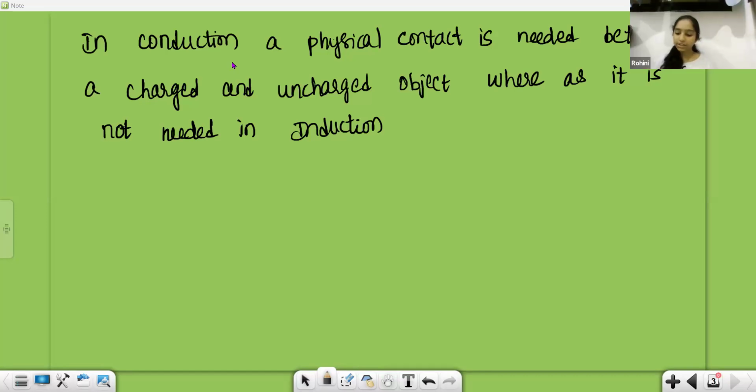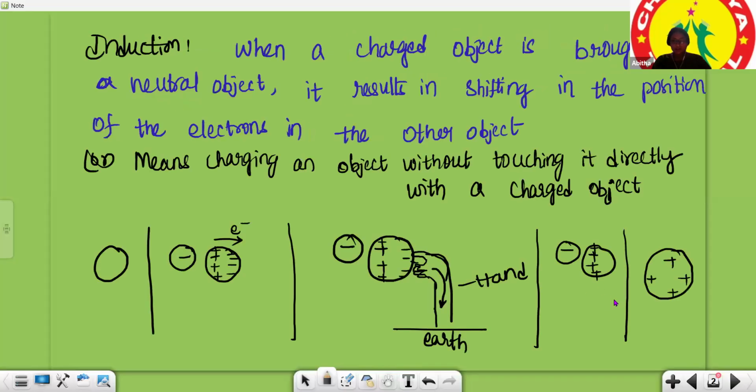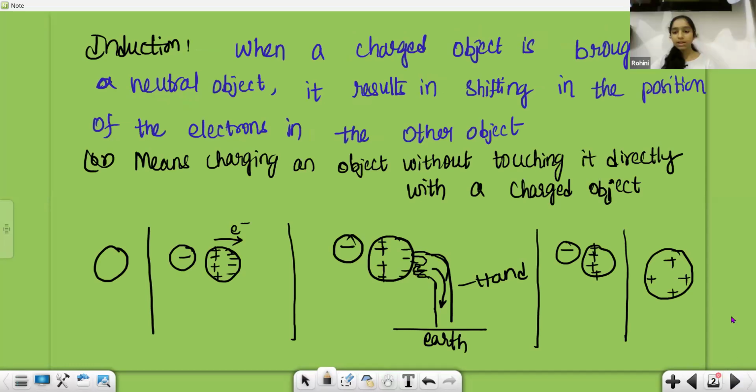Ma'am, after induction, if we bring this neutral object and this negatively charged object in physical contact, then the electrons will be moving, and now there will be conduction of the charges. See, here there are no more electrons for the conduction. Here the electrons are removed already. Ma'am, but there are protons.